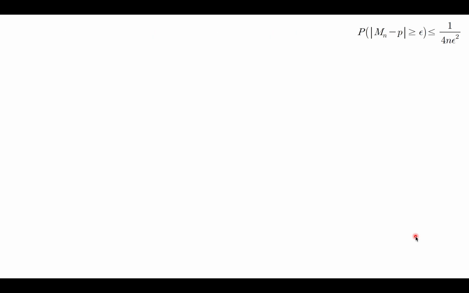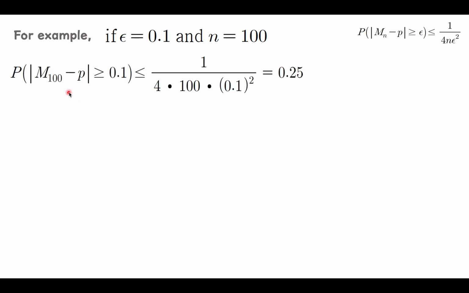To understand the meaning of this formula, let's take an example. If epsilon is 0.1 and n is 100, we obtain this formula.